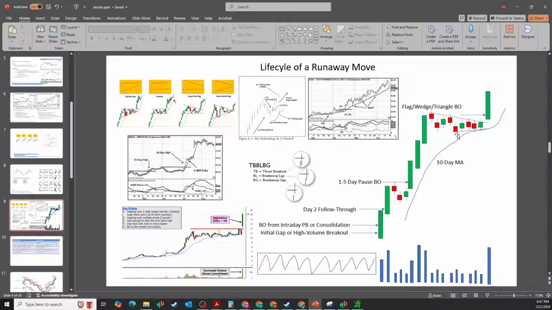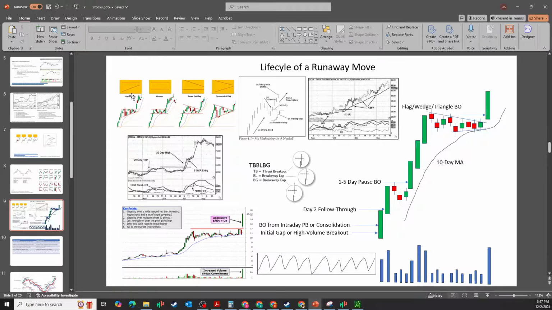So you'll start to see the lows of the pattern get higher, the highs get lower, and you see this compression. You can almost think about it getting squeezed from the bottom and from the top, as sellers sell it as it rises, and buyers pick up shares on the way down. You start getting this nice compression pattern. And during this compression, you'll see the volume dry up considerably.